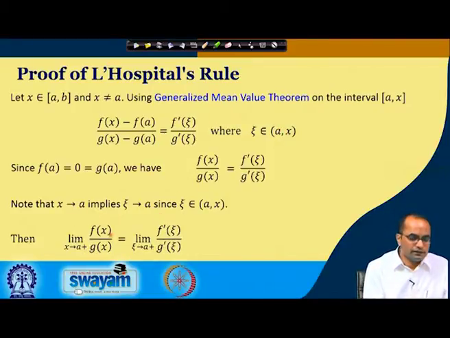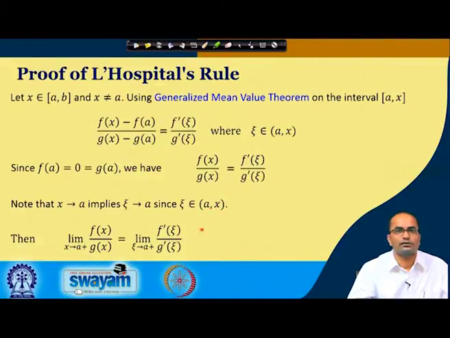So, if we take the limit as x goes to a of f x over g x, this will be equal to the limit as xi goes to a plus, because xi belongs to the interval a to x, so xi will go to a plus, from the right side, of the derivative ratio f prime over g prime.